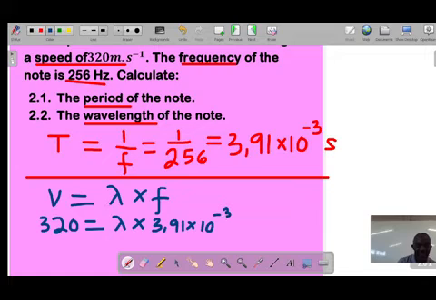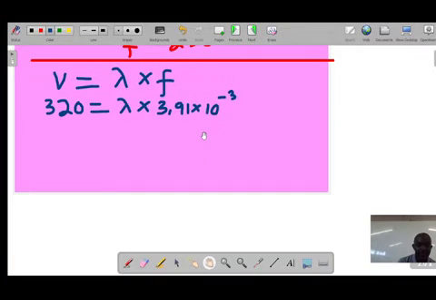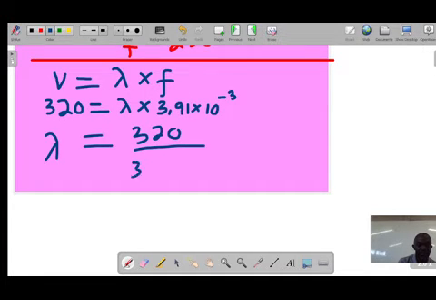I divide both sides by 3.91 times 10 to the power negative 3. So lambda will be given by 320 divided by 3.91 times 10 to the power negative 3.